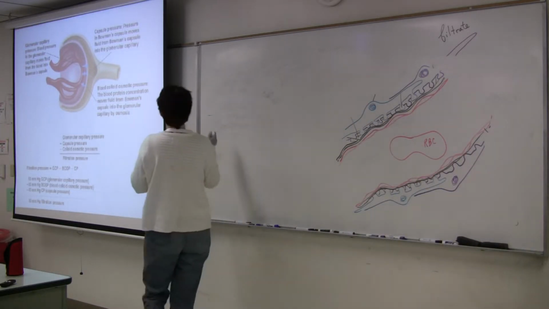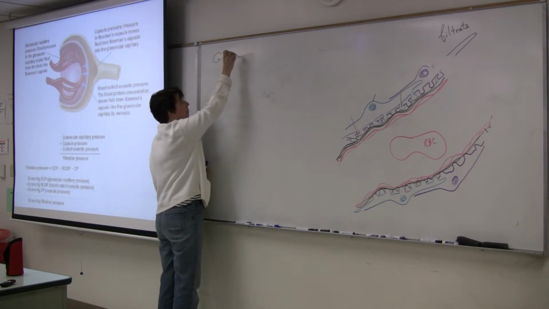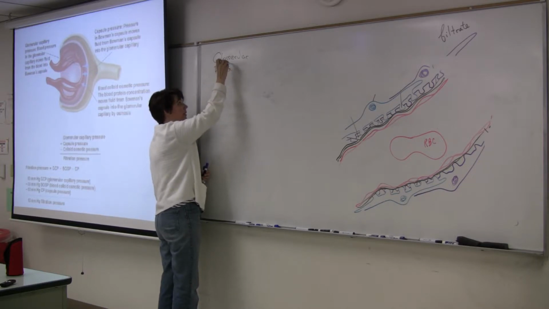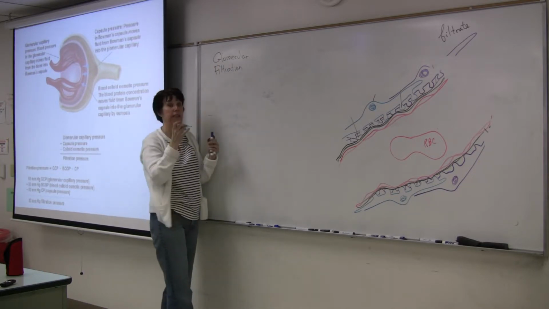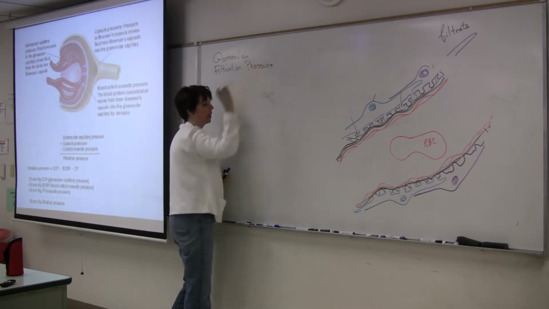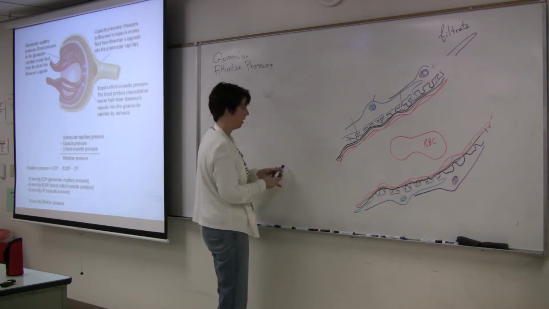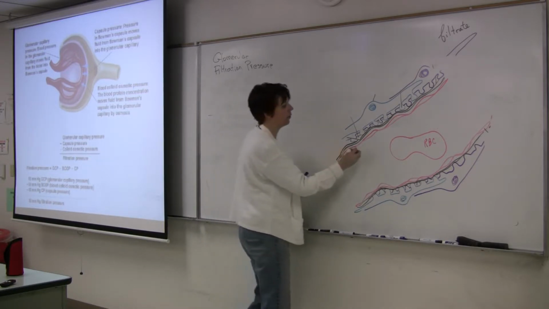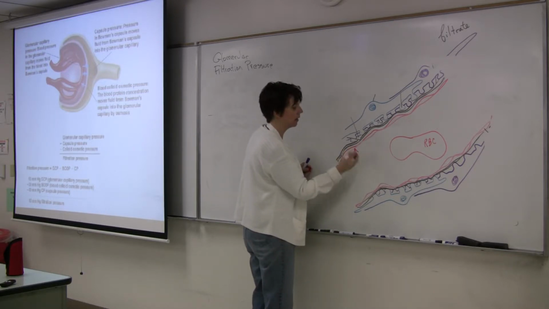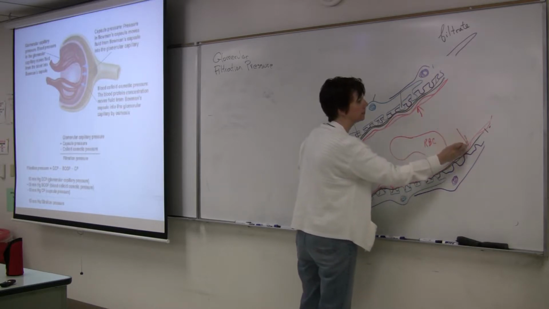So glomerular filtration pressure is the result of opposing forces. So the highest pressure is going to be that force of the blood pushing against the vascular, the capillary walls.